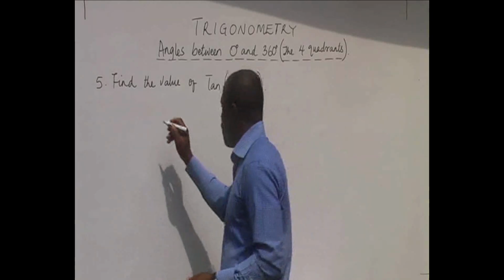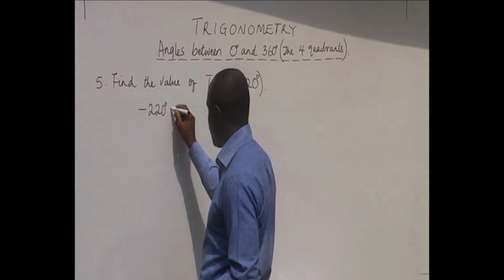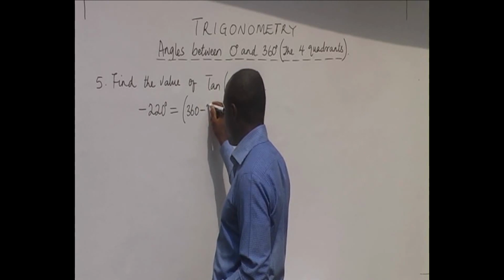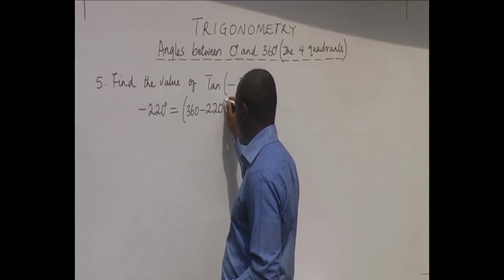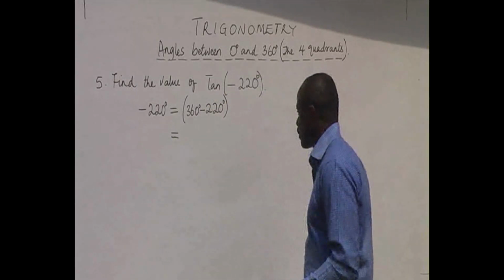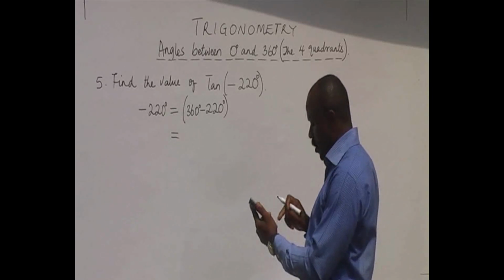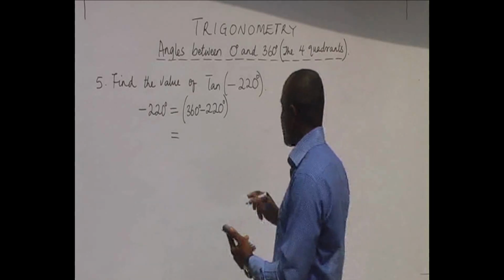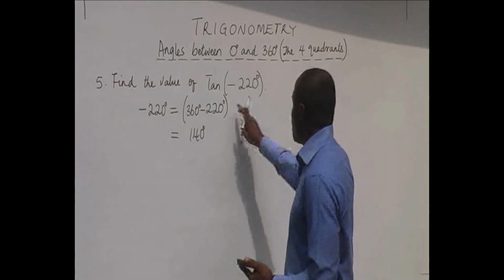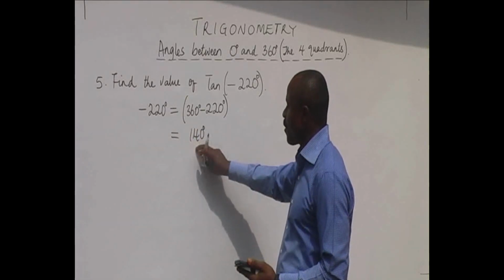So, minus 220 degrees is the same thing as 360 degrees minus 220 degrees. That is the first thing you do. 360 minus 220, 140. That means minus 220 degrees is the same thing as plus 140 degrees.